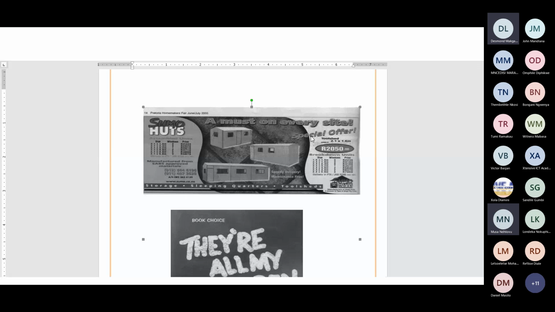Mr. X, in terms of fonts, I'll speak in terms of fonts. They made the fonts big. Loud and clear, yes, I can hear you. They made the fonts big to catch the reader's attention, and also the caption they wrote, the must on every side.